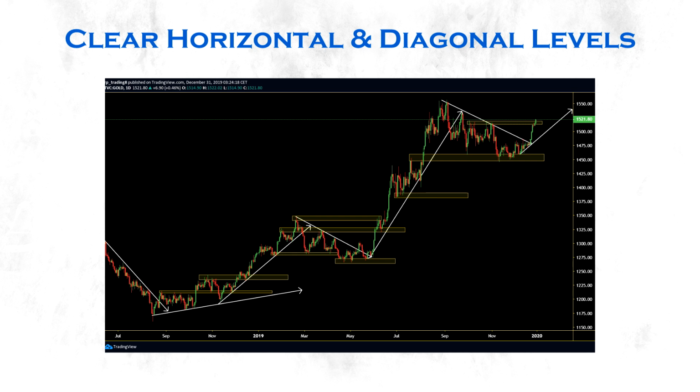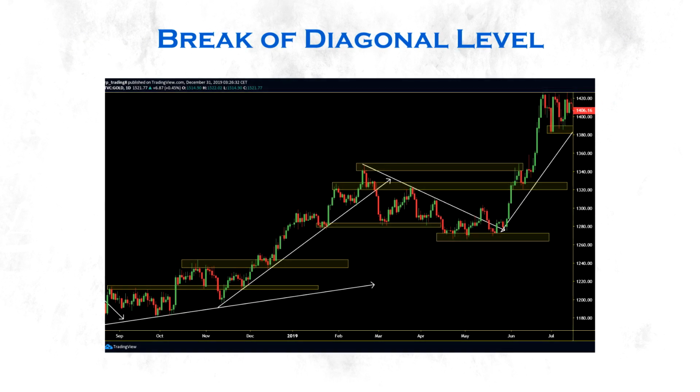Nothing is guaranteed, and price sometimes does not respect these levels perfectly, but if we analyze the higher time frames like the daily chart or the 4-hour chart, then we can make very accurate predictions of price movement, which allows us to make consistent profits. And if the price clearly breaks a diagonal level, it tends to create a new trend.